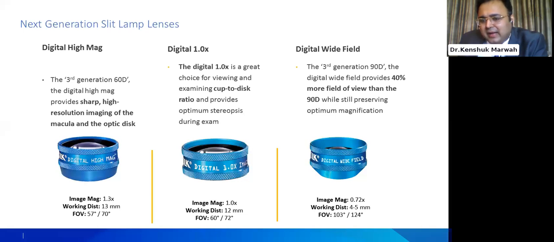That actually helps. And nowadays people are doing ICL surgeries and LASIK surgeries. In all of these cases, it's mandatory to check the periphery of the retina. So before referring, you can diagnose it and call your retina specialist friend to do the laser for you. The diagnosis also becomes more confident when you are using a digital wide field.